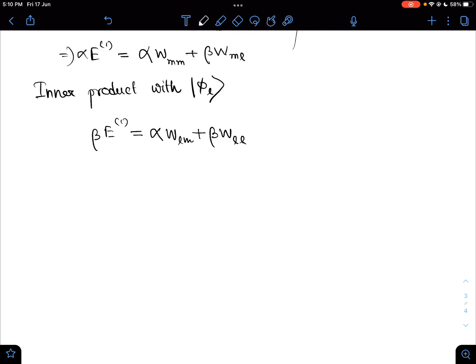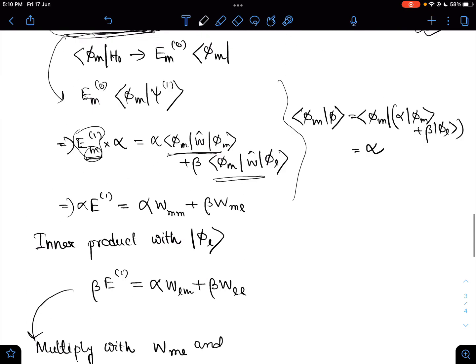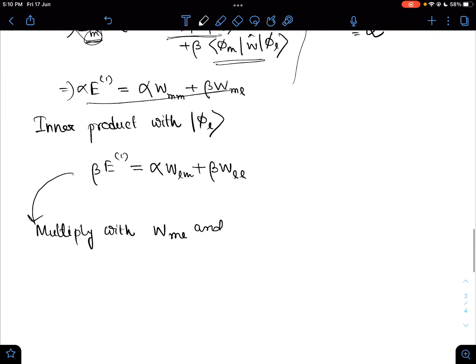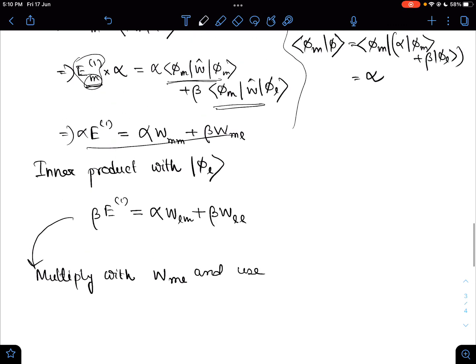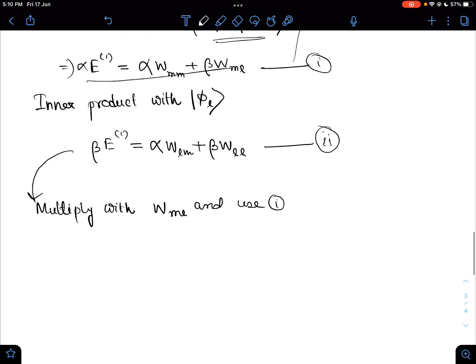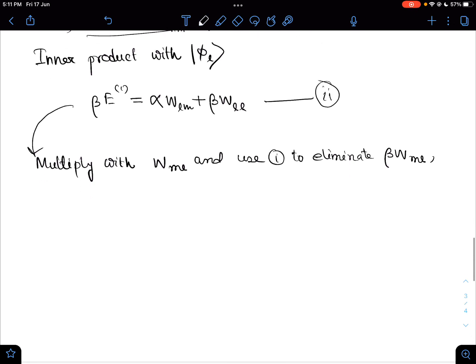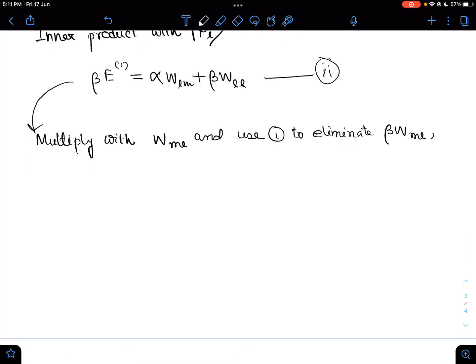Now we multiply this with ml, let us denote this by 1 and this by 2, and use 1 to eliminate beta omega ml, then we will find the following equation. It is easy: you have to multiply and take the subtraction.